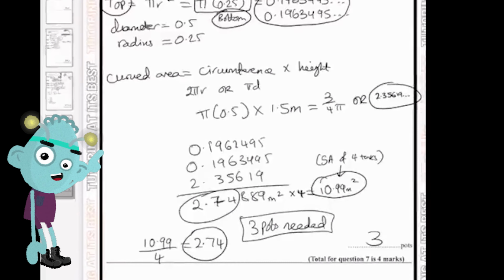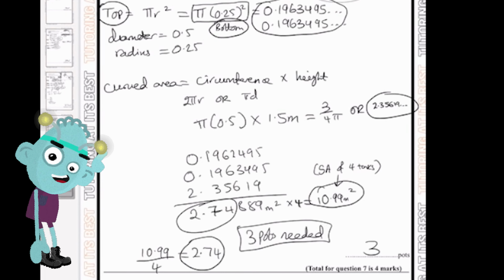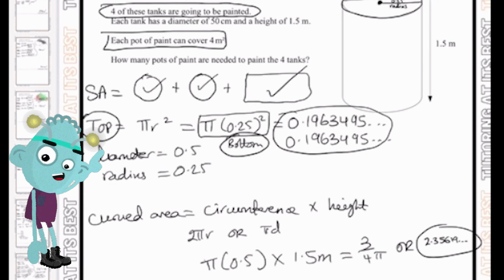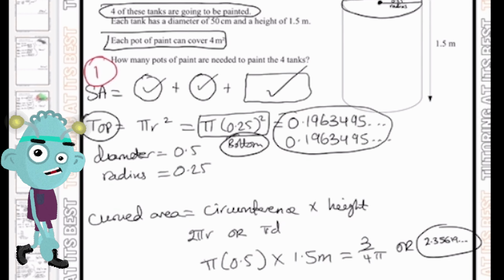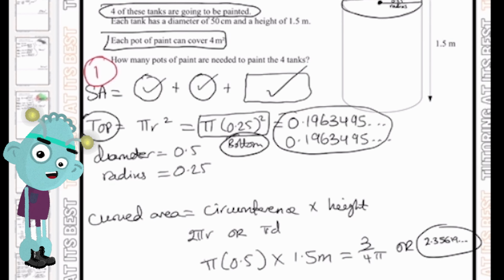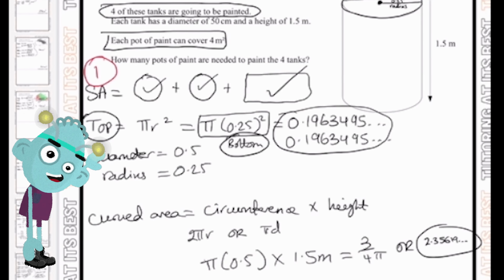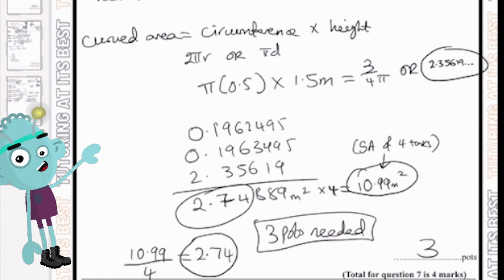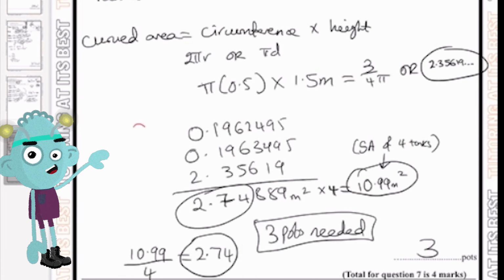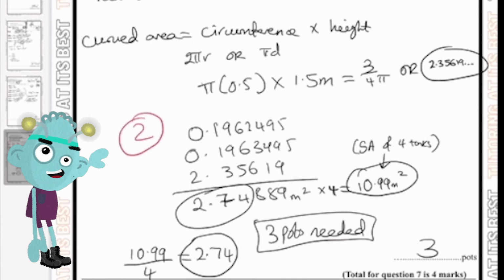So let's go through this once more. So step 1, and I'll do this in a different color here. I've gone ahead and I've calculated my surface area of the 2 circles with your pi r squared, as well as the curved area, which is your circumference times by our height. So first step, surface area. And then our second step is to add everything together.